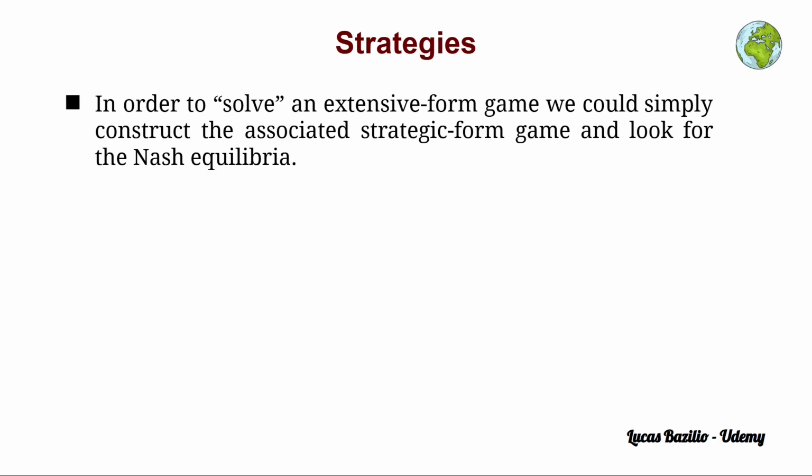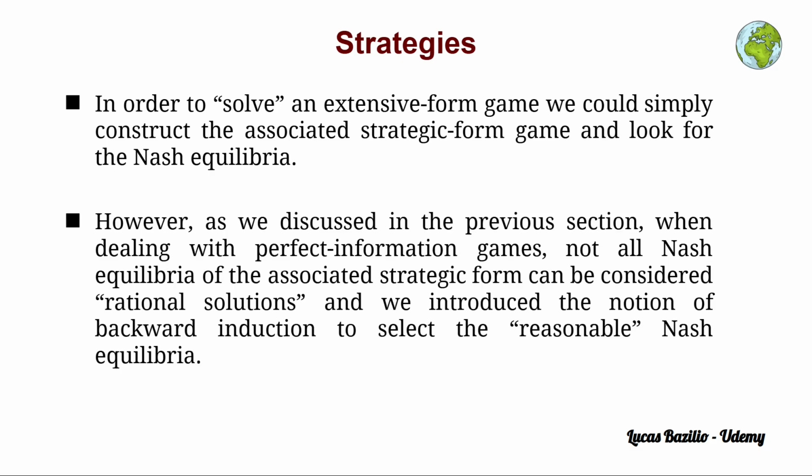Now, from what we know, in order to solve an extensive form game, we could simply construct the associated strategic form game and look for the Nash equilibria. Nevertheless, as we saw in the previous section, in the case of perfect information games, not all Nash equilibria of the associated strategic form can be considered rational solutions, and we also introduced the notion of backward induction to select the reasonable Nash equilibria.